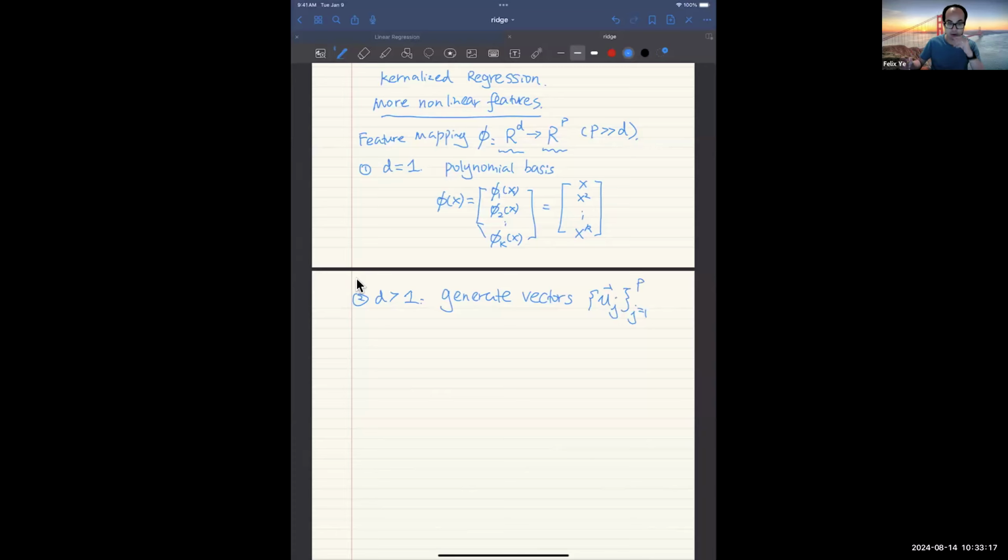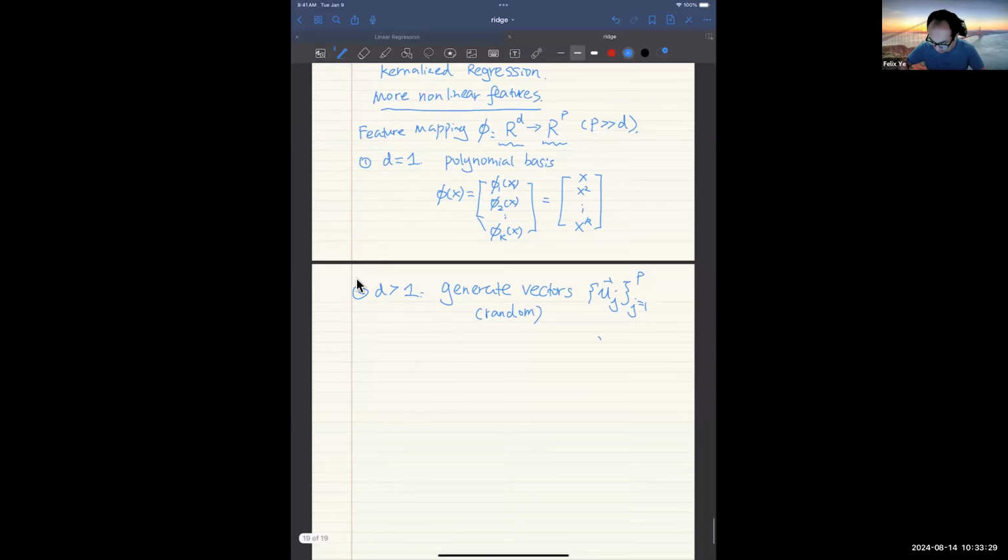So you create a bunch of vectors. This could be random vectors, I mean, it could be Gaussian random vectors. So each is in R^d, the small d. So each vector is in small d. So we can find these features as follows.